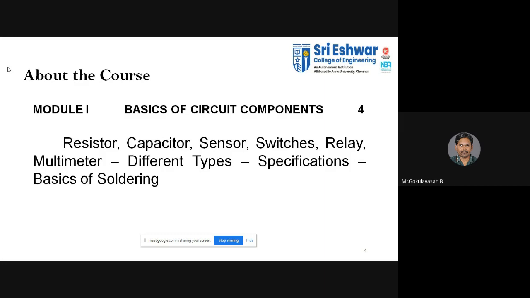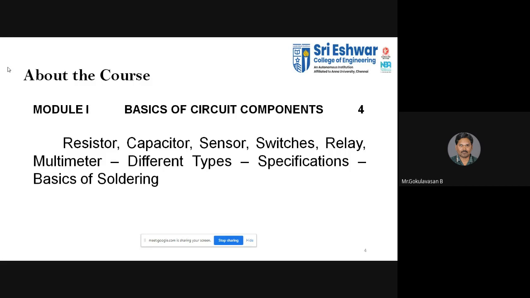Then we started with the actual module. After the introduction, the first day we had resistors. Then one class we spent on capacitors. Then last class we had sensors and switches. And today, the remaining three: relay, multimeter, and basics of soldering. For all these circuit components, our plan is to see the different types, their specifications, along with properties and applications. That's what we are doing.